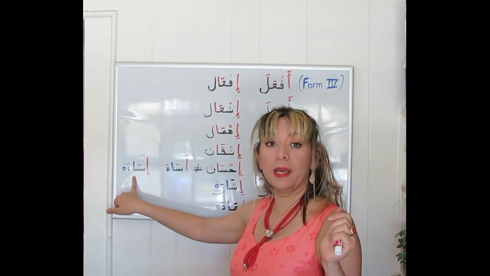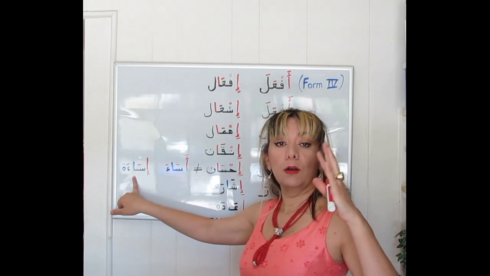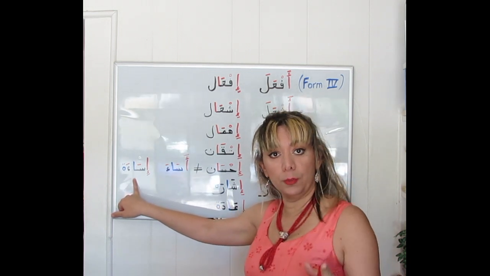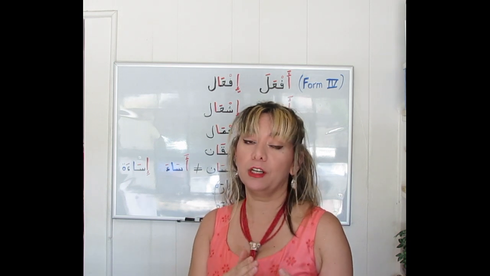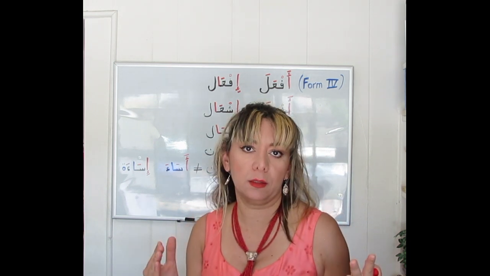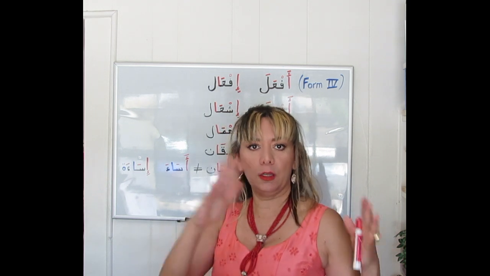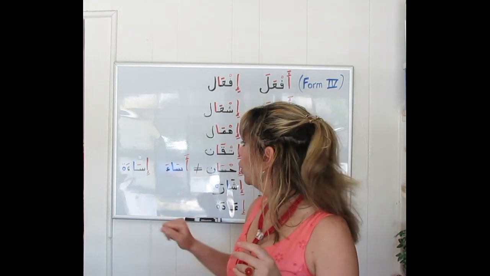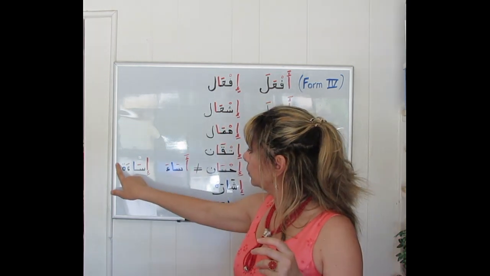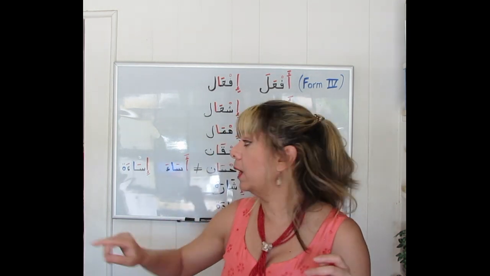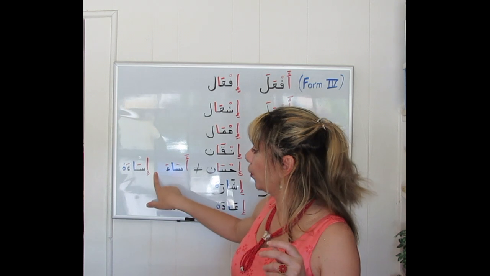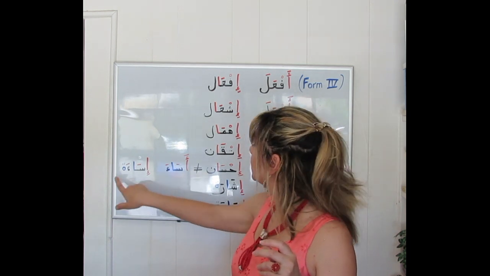So when you encounter a form 4 hollow verb where its middle radical is a weak letter, waw, alif, or ya, you would generate its verbal noun within this form, إساءة.